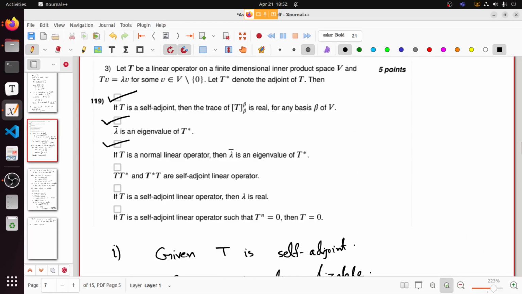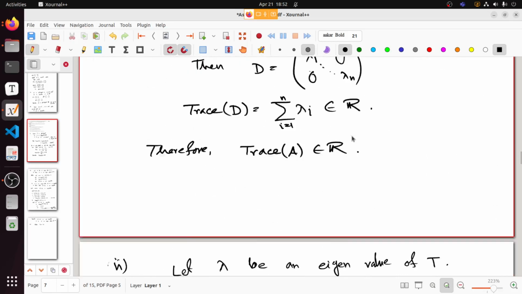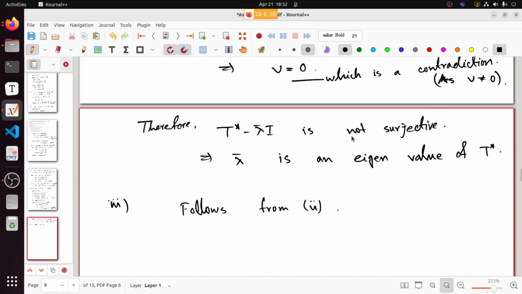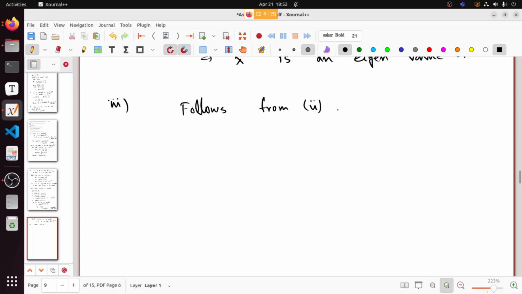What is option number 4? T star and T star T are self-adjoint linear operators. Let's check. T star and T star T are self-adjoint linear operators.